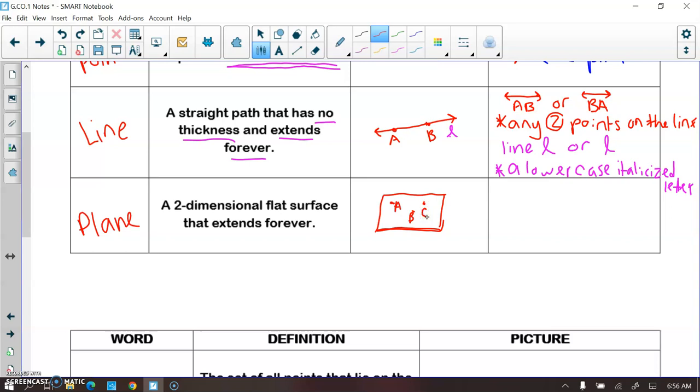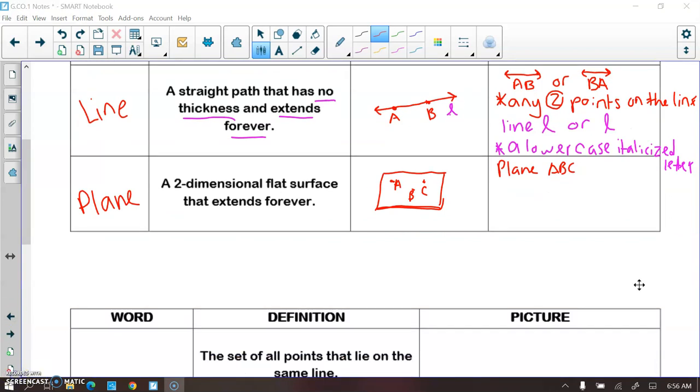So this could be plane ABC, plane BCA, plane CBA, and so forth, but it's just named with any 3 points on the plane.